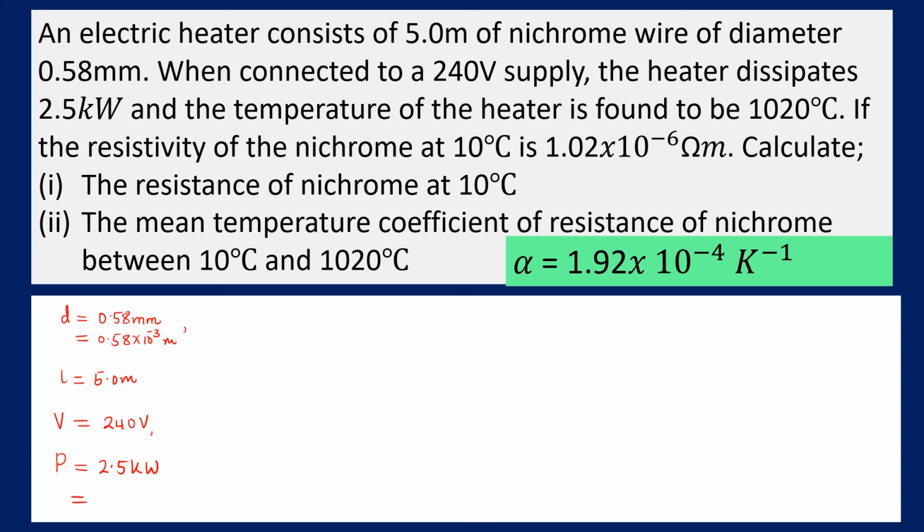And the temperature of the heater is found to be 1020 degrees Celsius.